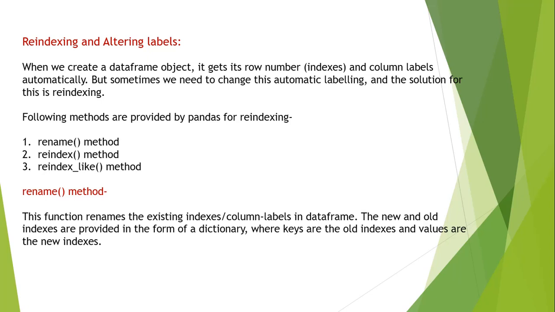The dictionary is then able to associate which new index is required for which old index. Suppose you give a colon 1, that means the earlier index was a and now it has to be replaced with index 1.